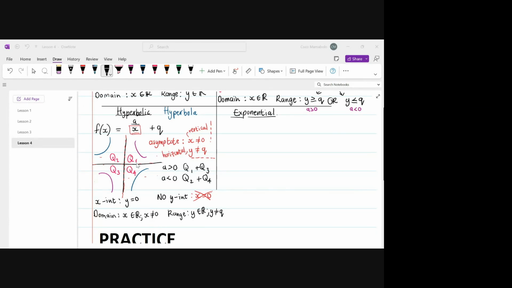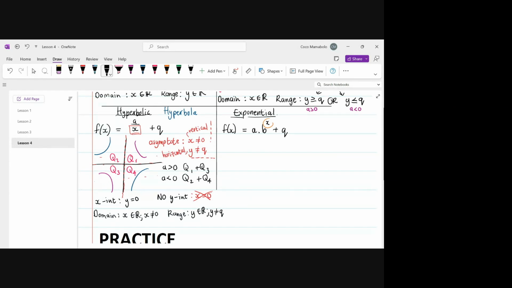Okay, lovely. All right, so our exponential function says f of x is equal to a times b to the power of x plus q. And we know that it's an exponential graph because our x is the exponent. That's how we remember that it's exponential, if x is the exponent.